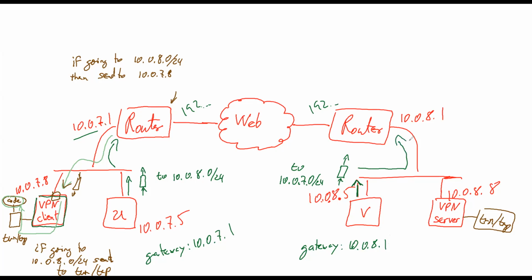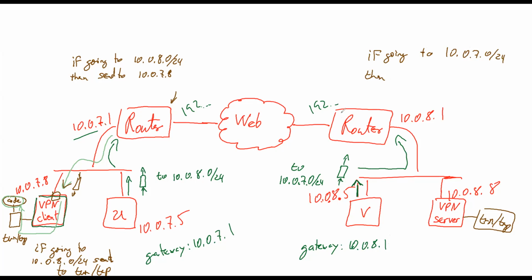Then the router, again, will do the same thing. It's going to ask itself, okay, it needs to have a routing rule. It says, if going to the 10.0.7.0/24 network, then I need to send it to the VPN service.